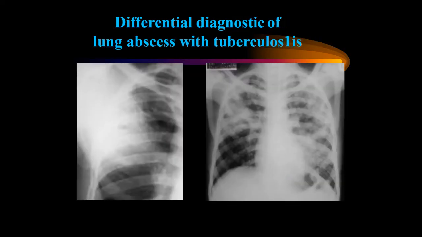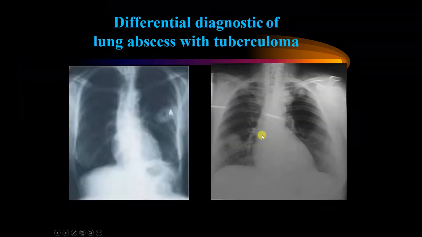The next differential diagnosis is of the lung abscess in the infiltrative or pneumonic stage with tuberculosis. In this case, you can see multiple shadows on both lungs without a clear focus.